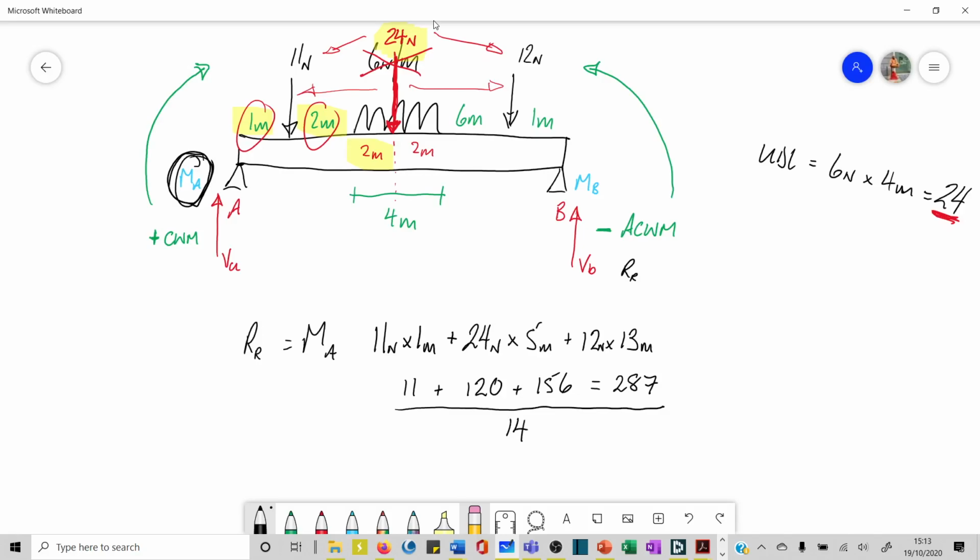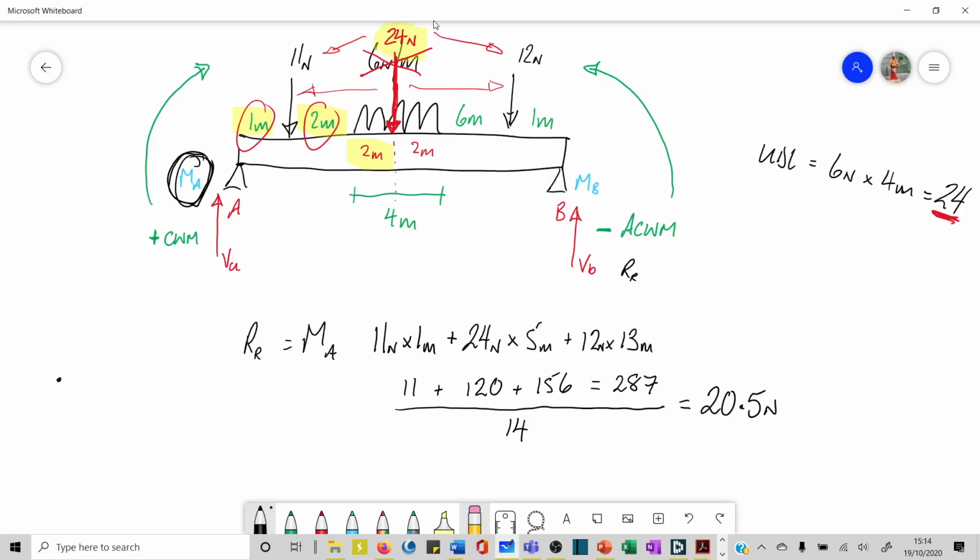So we divide it by 14. 287 divided by 14 equals 20.5 newtons.